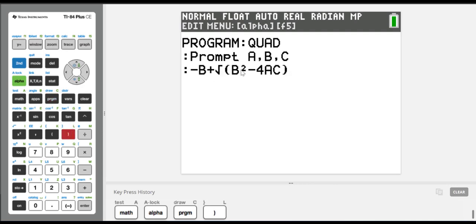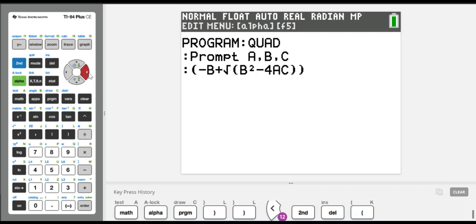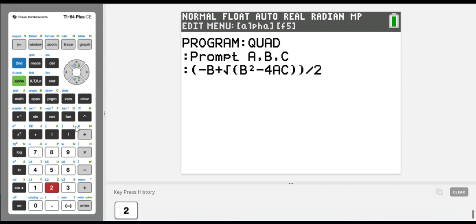Now, oh, guess what? I forgot to put the parentheses around the whole thing, because the whole thing's divided by 2A. So I'm going to go back to the front, and if I hit second insert, I can insert a parentheses, and I'm safe. So I didn't have to retype everything. That's nice. Divide 2A. You can do parentheses, divide 2A.